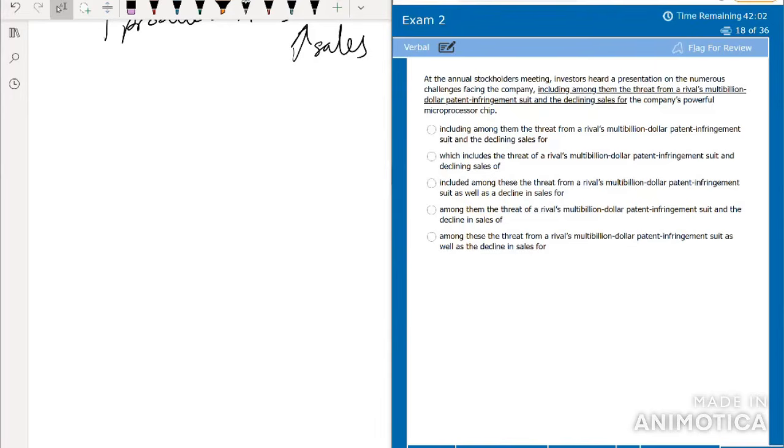So including among them is redundant. Among or including, but not both. And so we can get rid of A, B, and C. And so we're just down to D and E. Among them, the threat of the rival's multi-billion and the decline in sales of the company's platform.